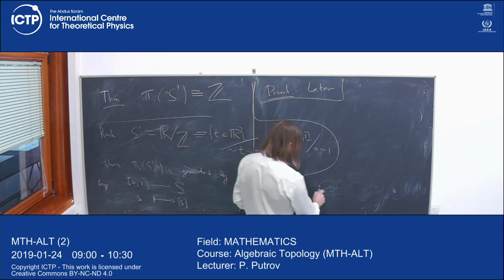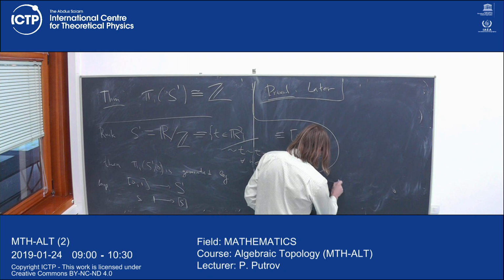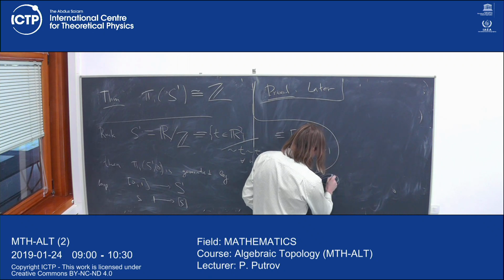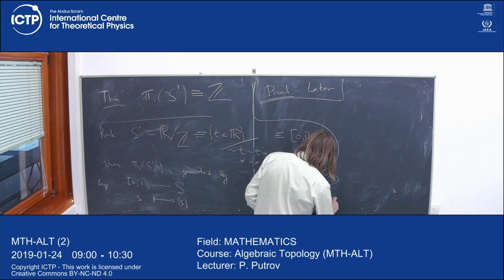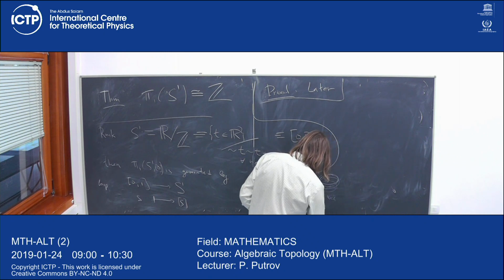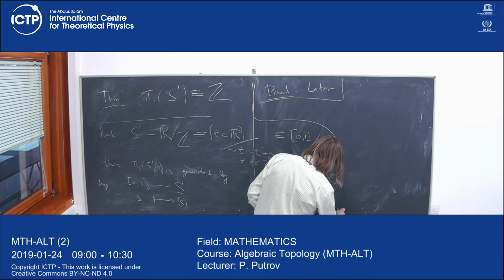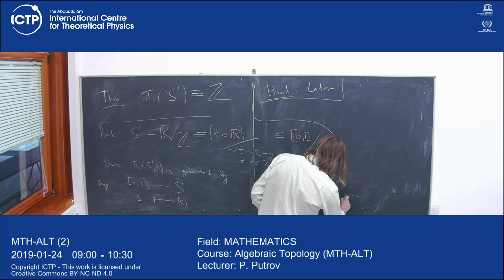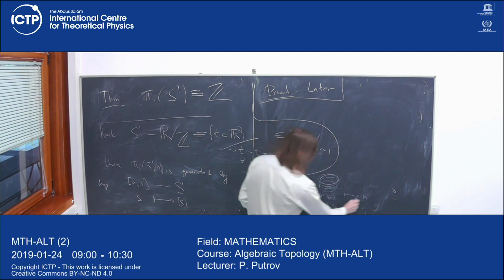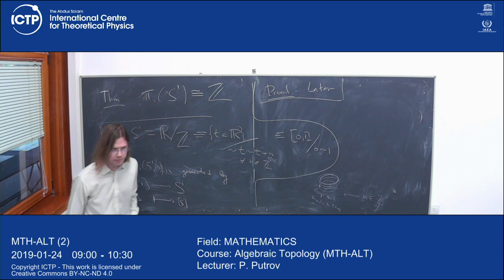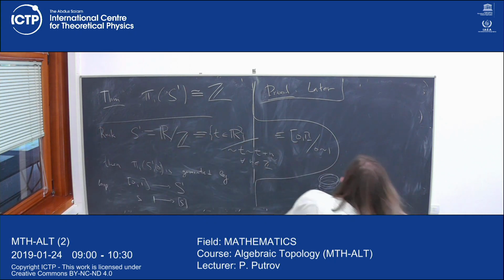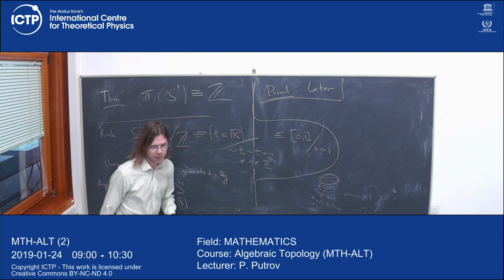And so we can consider the loop which winds n times, and this maps to the integer n. So this is the idea of this isomorphism.